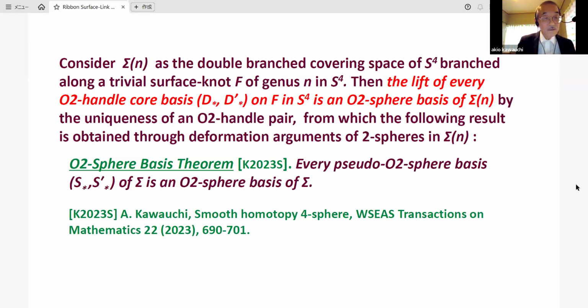The orthosphere basis theorem, which says every pseudo-orthosphere basis S*, S'* of Sigma is an orthosphere basis of Sigma.